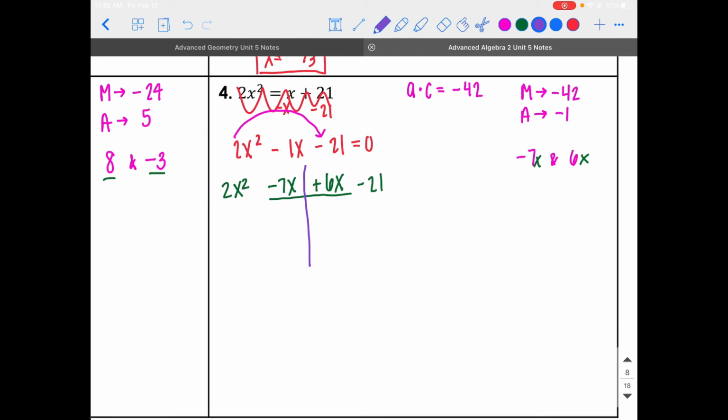So it looks like on the left side, the only thing that they have in common is an x. And I'm left with 2x minus 7. The other side, I could factor out a 3, and I'm left with 2x minus 7.